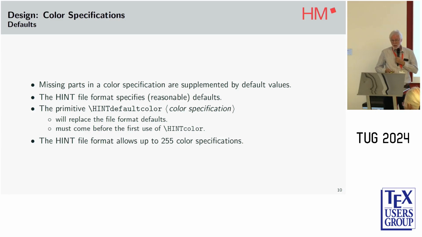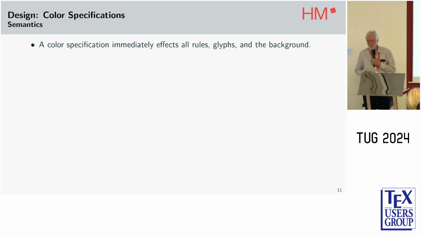You are limited a bit currently because you have only 255 color specifications, because internally I use a single number to specify this is color specification number 5, and now I change to color specification number 17. So that limits the amount of available color specifications.